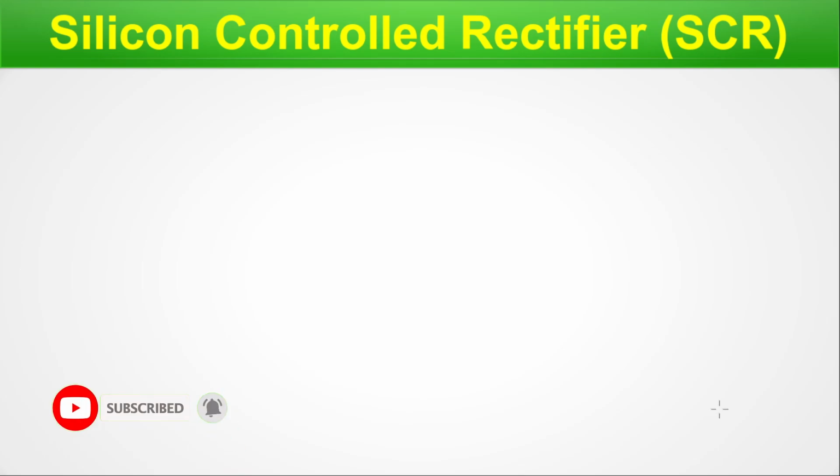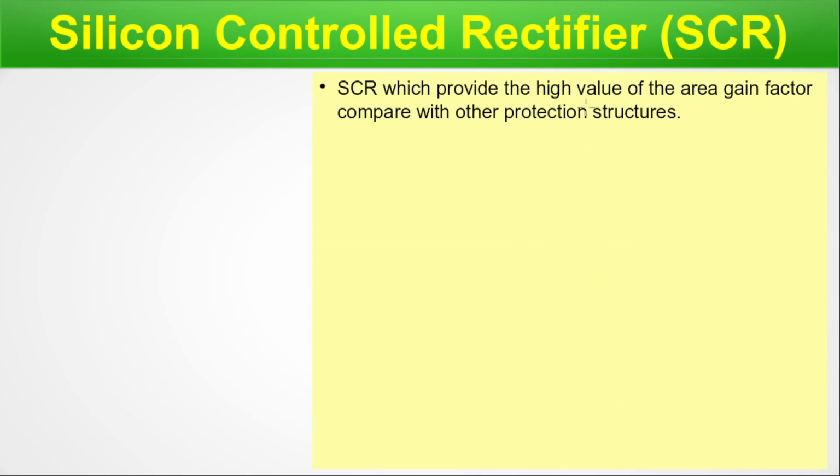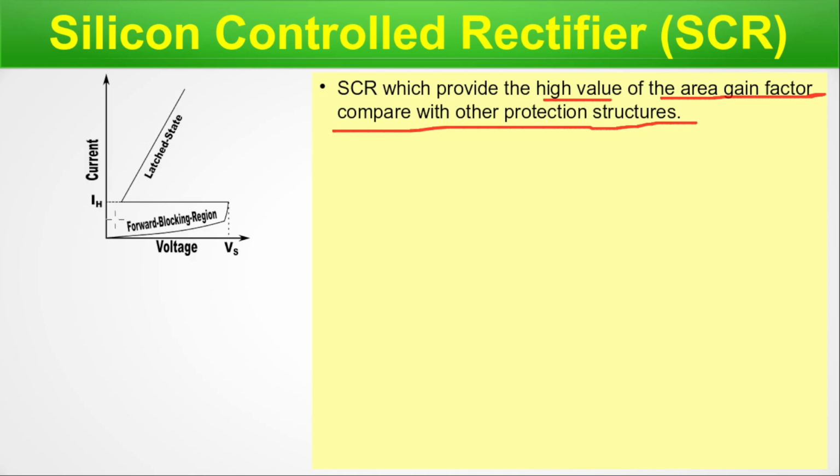Silicon controlled rectifier. Let us talk about the SCR, whatever properties of SCR we are dealing with, and how it is getting used as an ESD protector. SCR provides a high value of area gain factor compared to other protection structures. Here you can see the IV characteristics. Here is the voltage and here is the current, and the graph goes like this, and at a certain point Vs the SCR snaps back to this point and goes to a very high value of current.